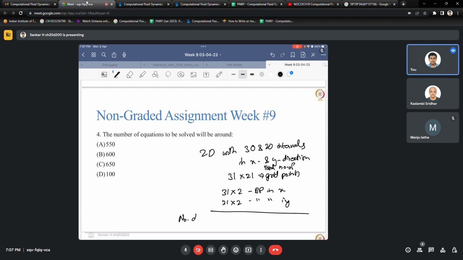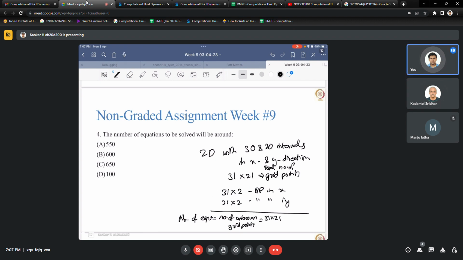number of equations will be equal to number of unknown grid points, which is equal to... And the 21 times 2 will be already accounted for in 31, no? So when you come to y, it will come down to 19, isn't it? Because you're taking the corner point.